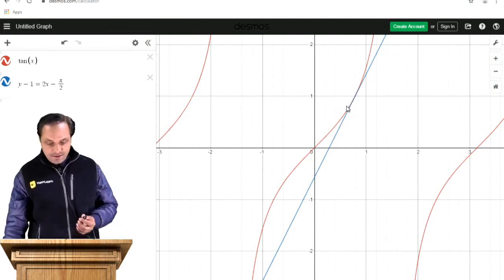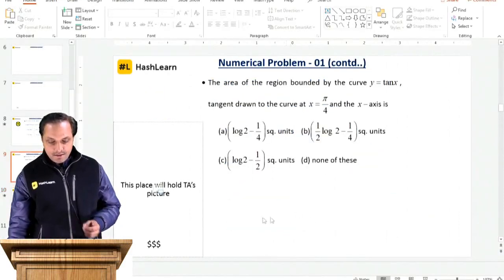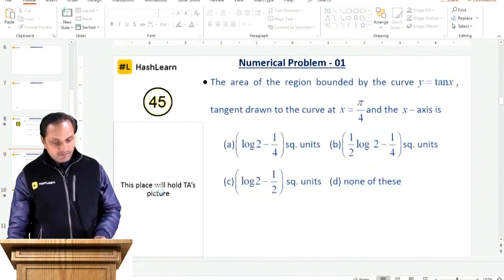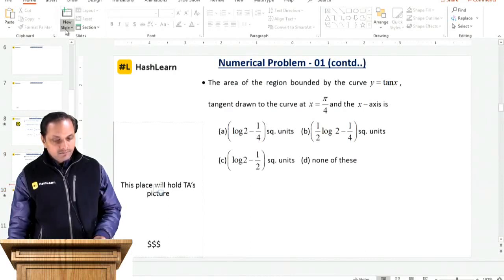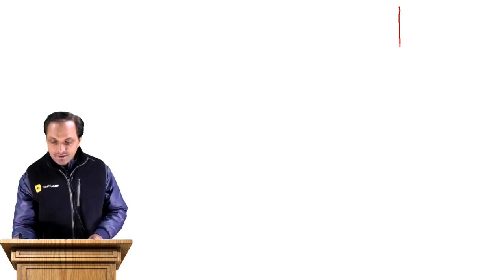So what happens here, I'll redraw this graph here. Be careful, you have a graph something like this.